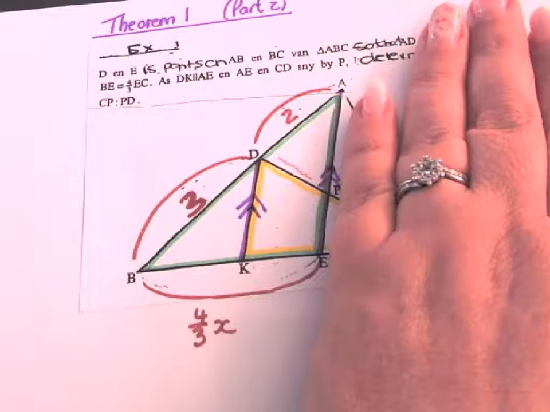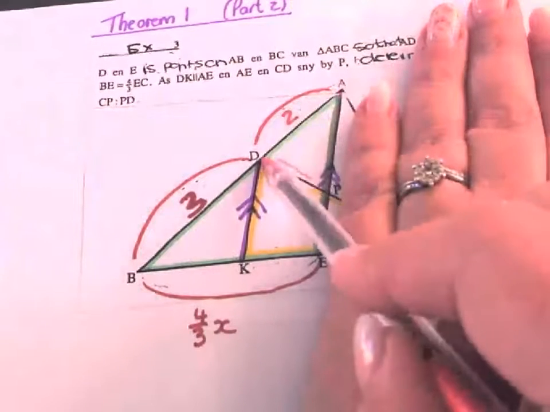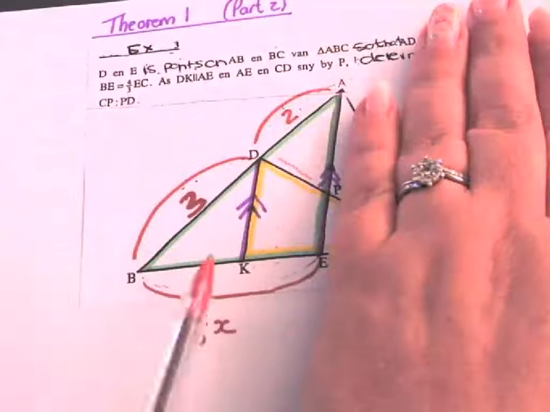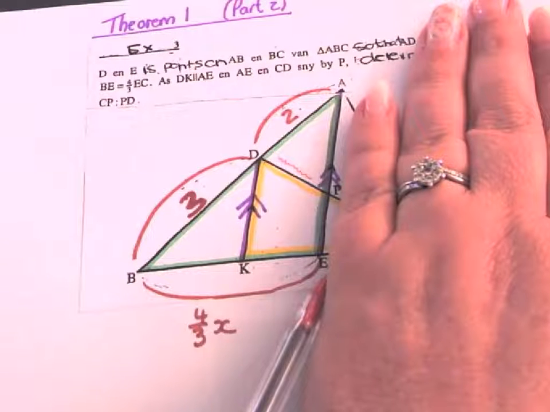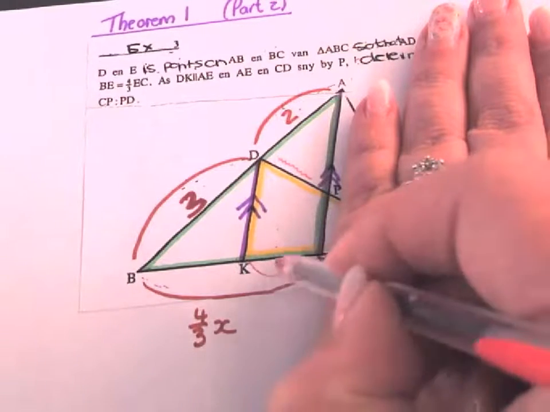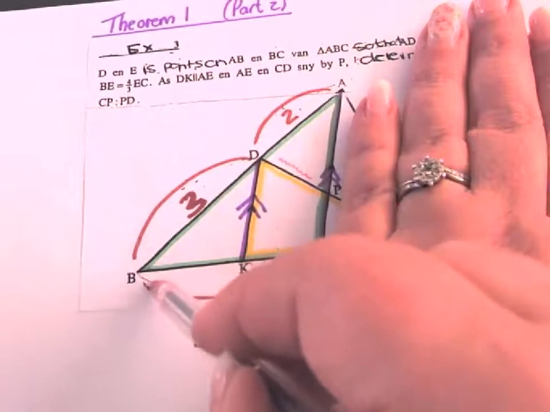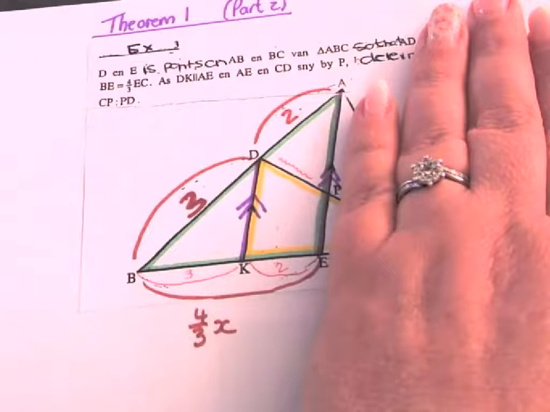In the green triangle, if the proportions are 2, 3, what will the proportions be on this side? 2 and 3 as well. So this one will be 2 and that one will be 3. Okay, does that make sense? It's yesterday's theorem.